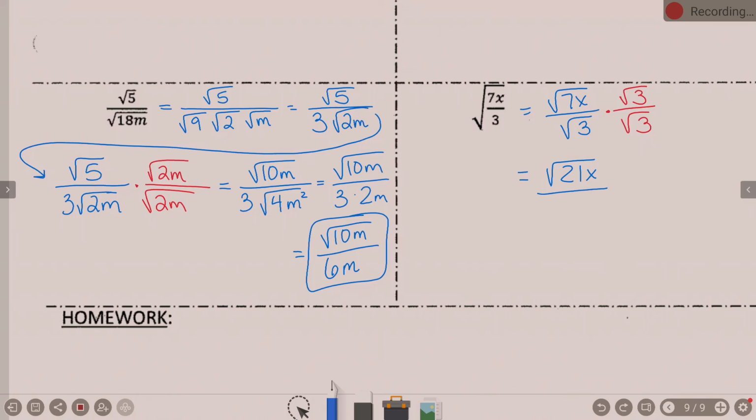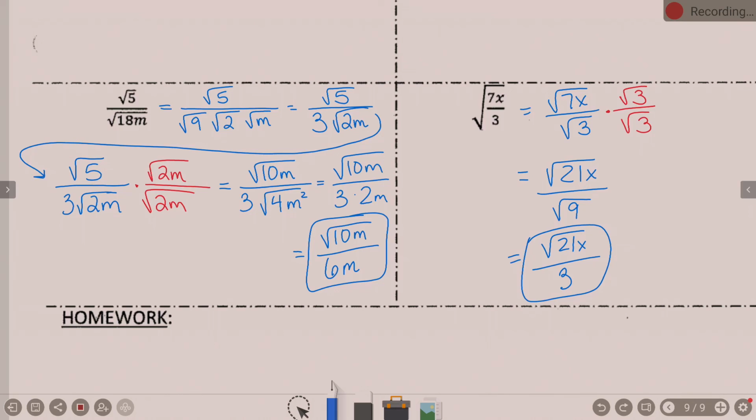Square root of 3 times square root of 3 is square root of 9. What do we know about the square root of 9? It's 3. So we can give our answer as square root of 21x over 3.